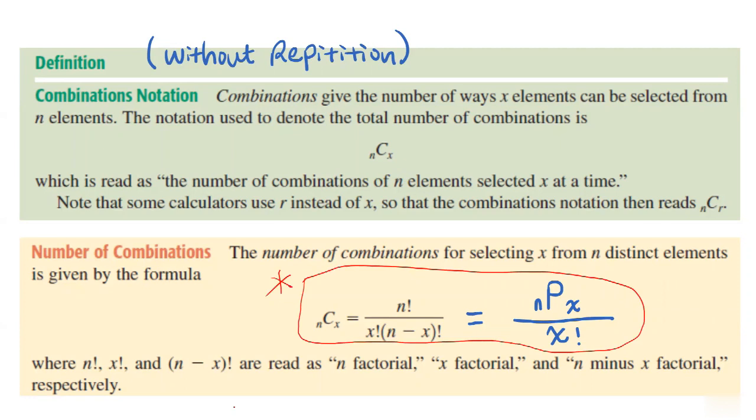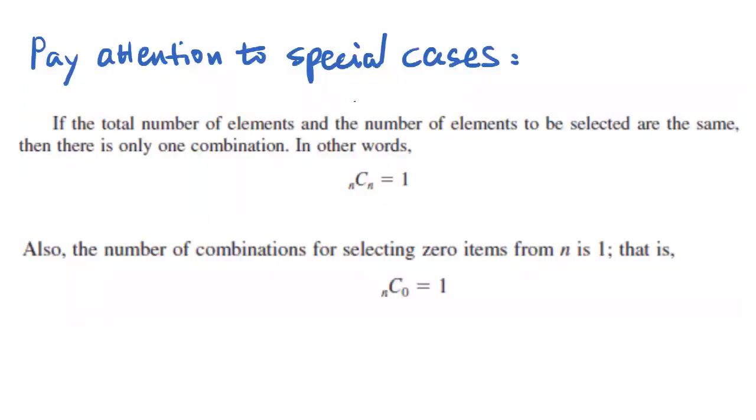Okay, of course, there are some special cases. First of all, what is the number of CNN? CNN is actually 1. Why? Because CNN means you pick n elements from a jar of n elements.